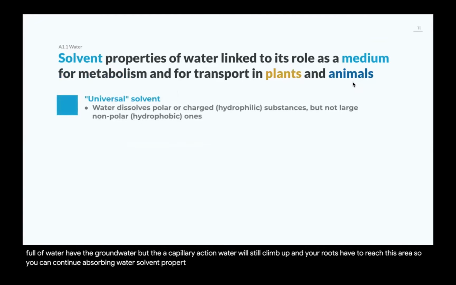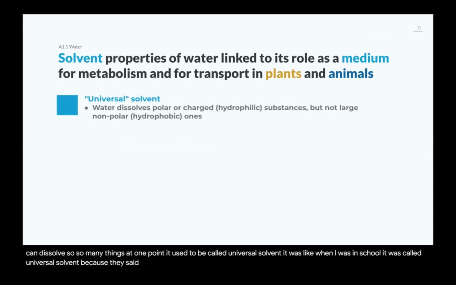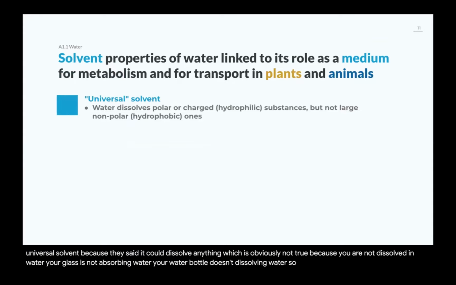Solvent properties of water are linked to its role as a medium for metabolism, because water can dissolve so many things. At one point, it used to be called the universal solvent. When I was in school, it was called universal solvent because they said it could dissolve anything, which is obviously not true because you are not dissolved in water. Your glass is not dissolved in water. Your water bottle doesn't dissolve in water. So it's not really universal.